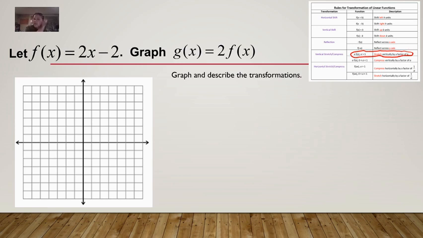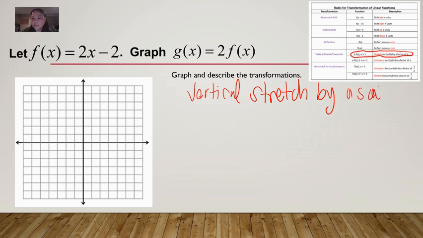All right, so in that case, this is going to be a vertical stretch by a scale factor of 2. So remember when we did dilations last year, you're doubling it to make it bigger by 2.